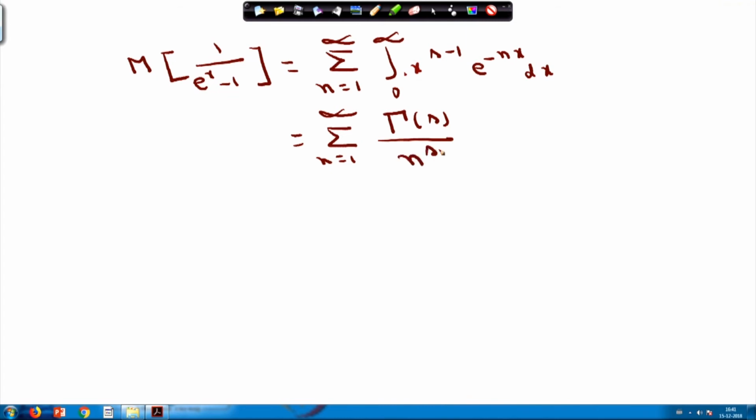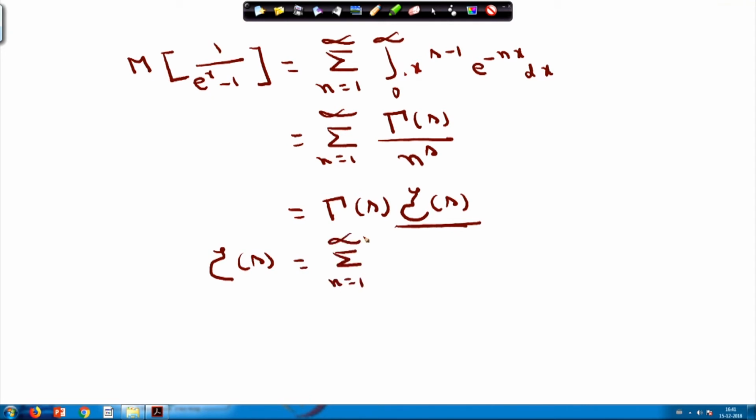I am not going into how I am coming to this, because these are standard integration results, so I am directly writing this equals summation n equals 1 to infinity gamma s by n to the power s, and this equals gamma s into zeta s, where zeta s is equal to summation n equals 1 to infinity 1 by n to the power s.